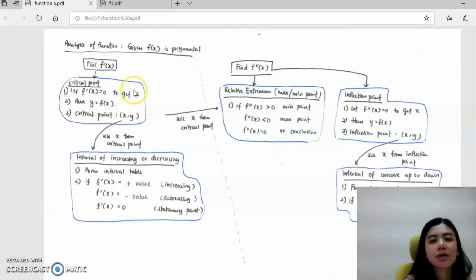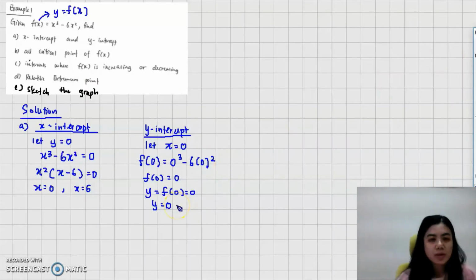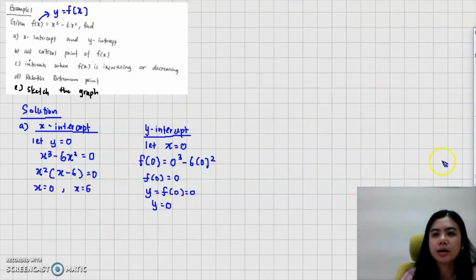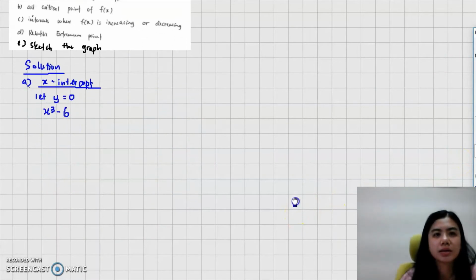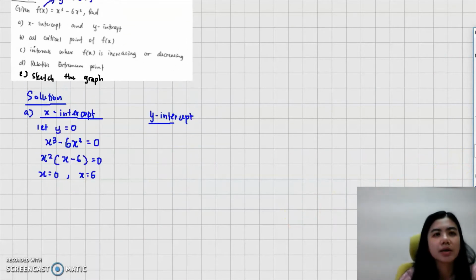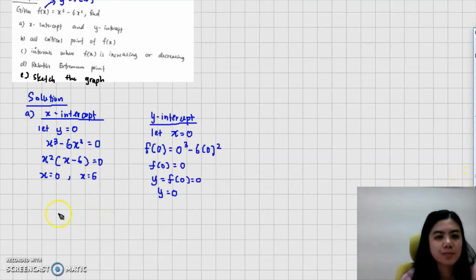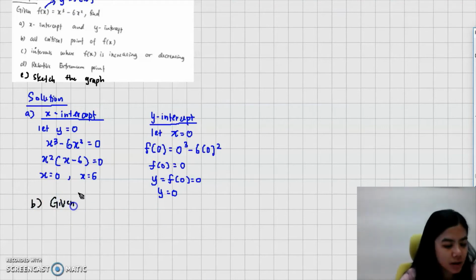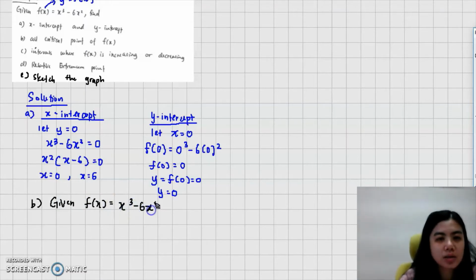Let's just begin with how to do it. So let's look at the second part, part B. We'll be given the function f(x) equal to x cubed minus 6x squared.